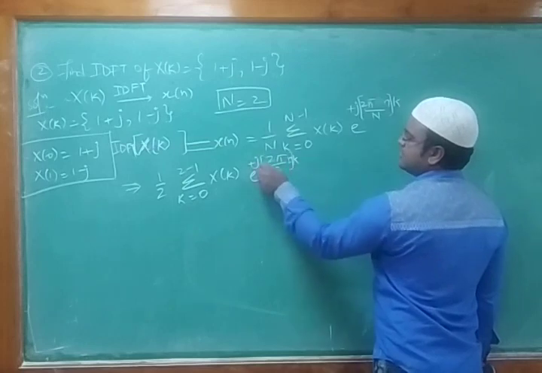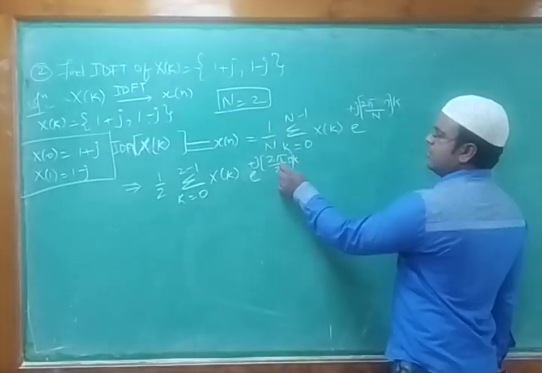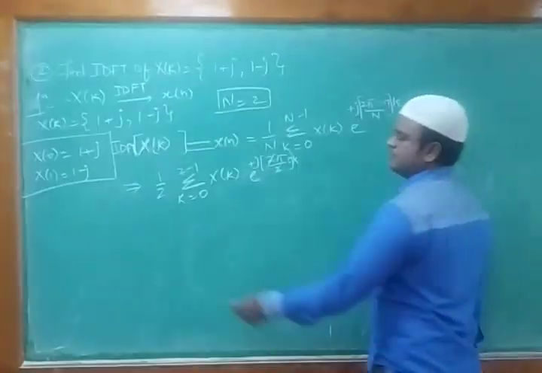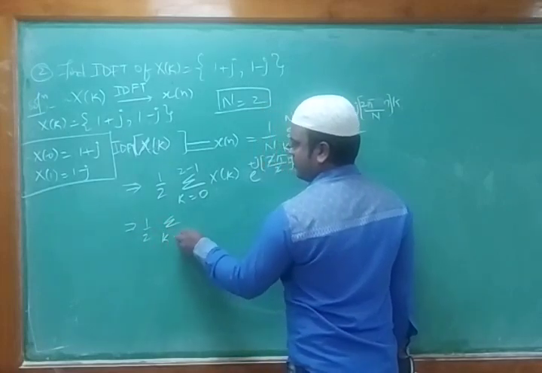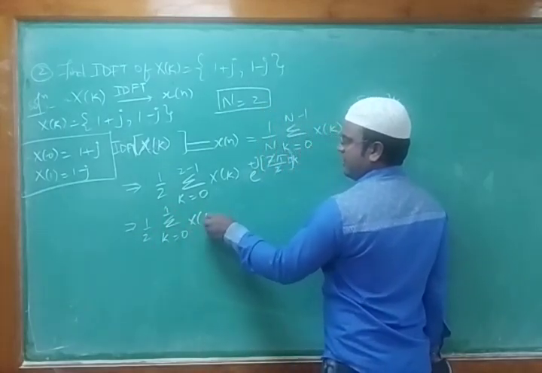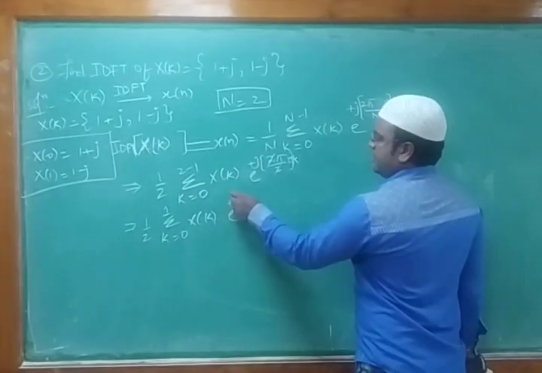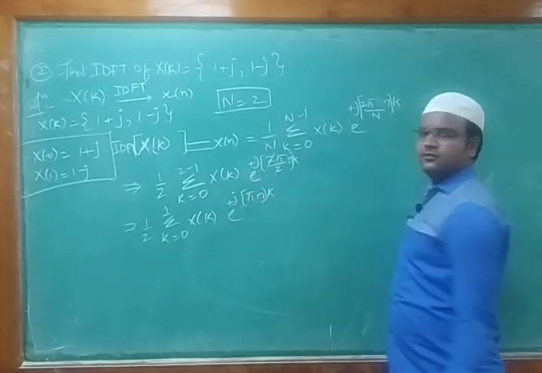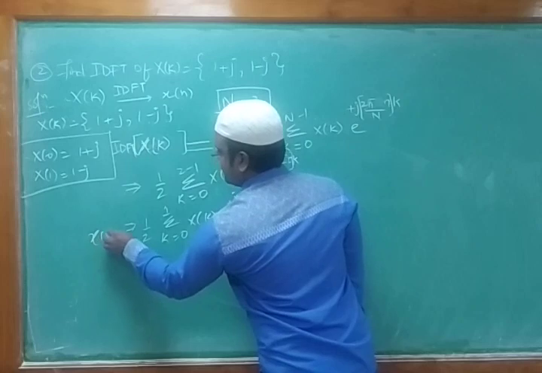So that is as it is. That's k value we need to substitute. So now this 2 and this 2 gets cancelled. So we left with 1 by 2 summation k is equals to 0 to 1 x of k e power plus j pi n k. Clear? So now your formulation of this x of n is in this way.